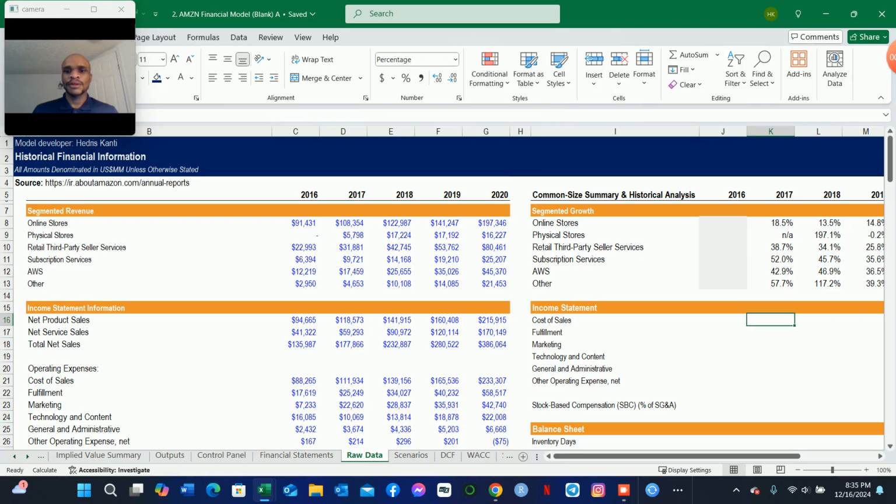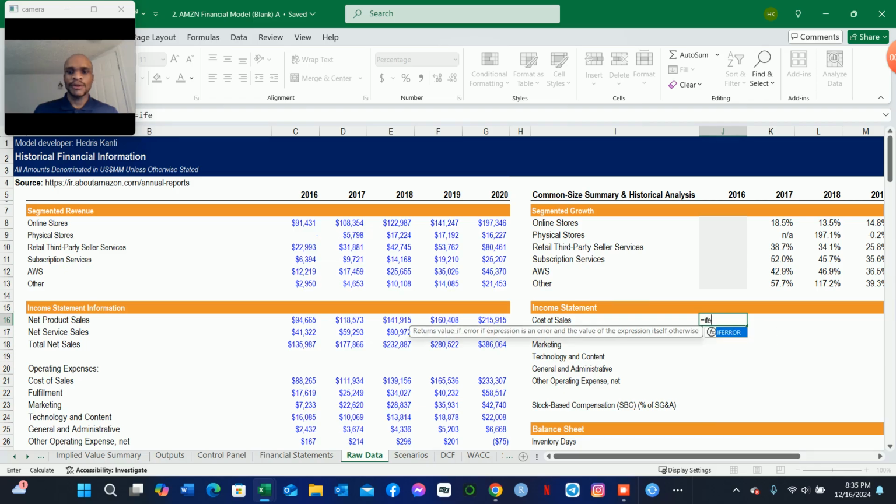to account for Amazon's operating expenses. It's gonna begin with the cost of sales. It's gonna be a function of revenue. So we take Amazon's cost of sales. IFERROR, we take Amazon's cost of sales divided by the total net sales.